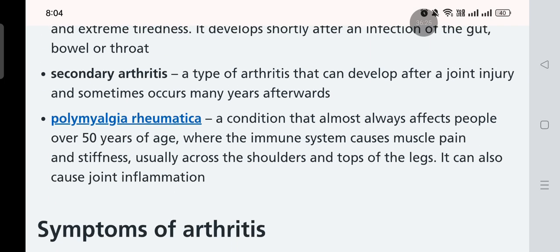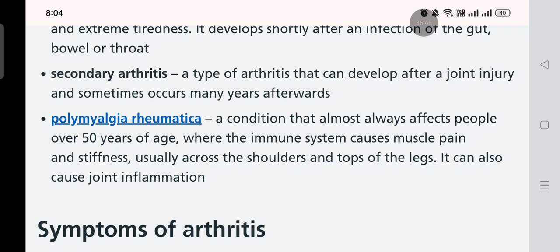Secondary arthritis, a type of arthritis that can develop after a joint injury and sometimes occurs many years afterwards.